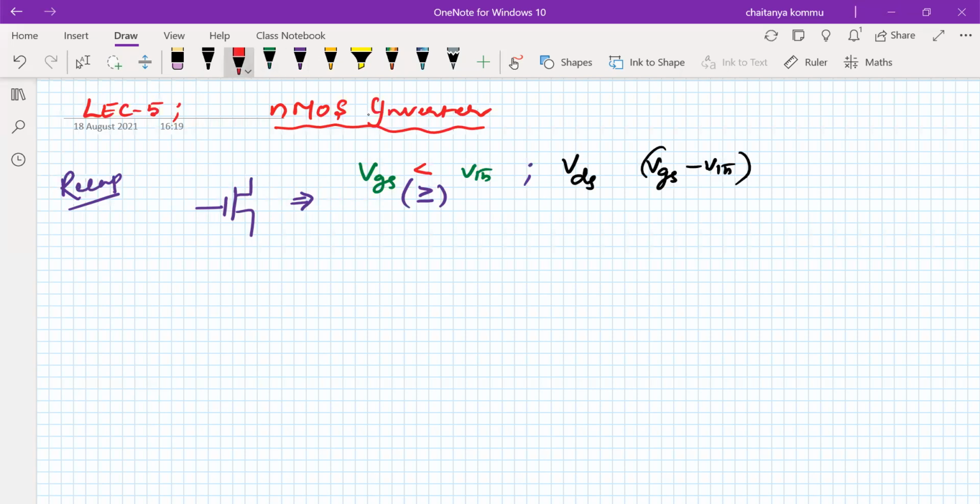Depending upon these two parameters, we identify the region of operation of a transistor.